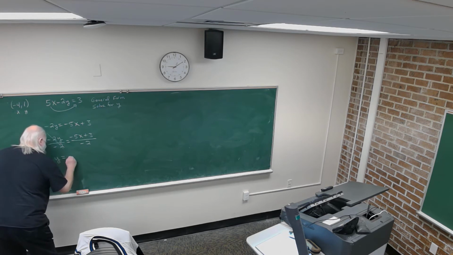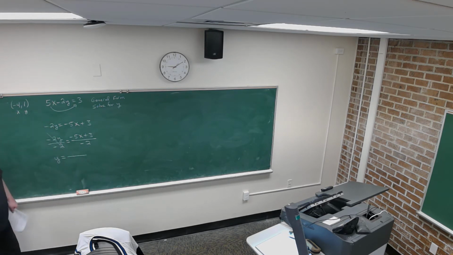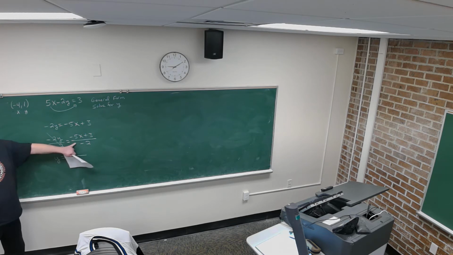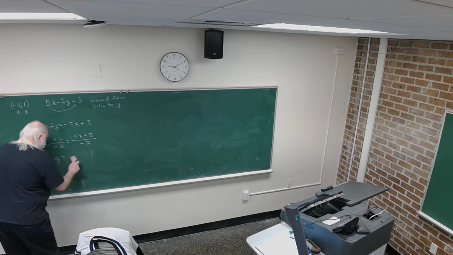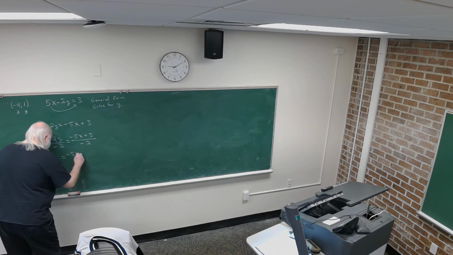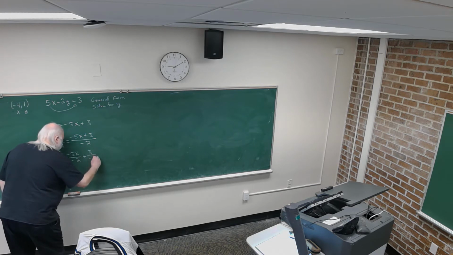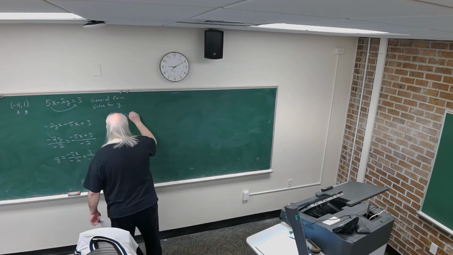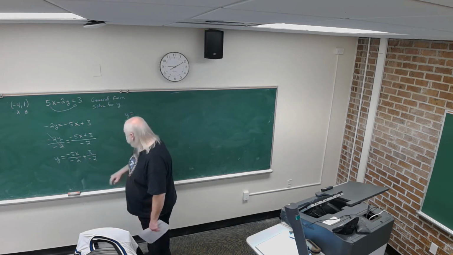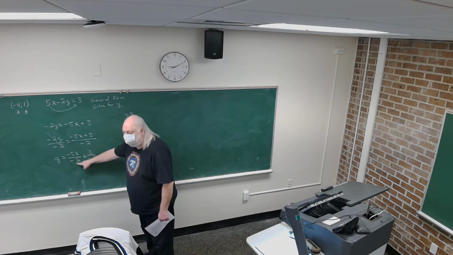Now, riddle me this, ladies and gentlemen. Fraction bars are like division symbols. Does division undo addition? No. So we got to divide each of those terms by minus 2. -5 divided by -2, right?